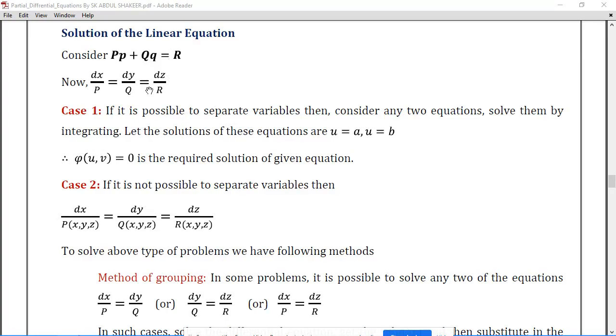So we just have to separate any two equations, get two different solutions by applying integration on both sides, and keep the two solutions as phi of u, v equal to 0.